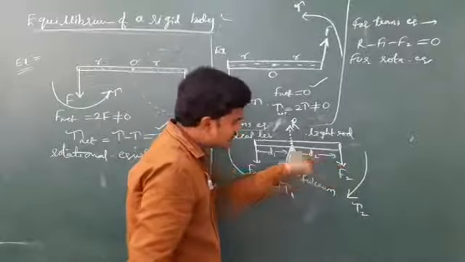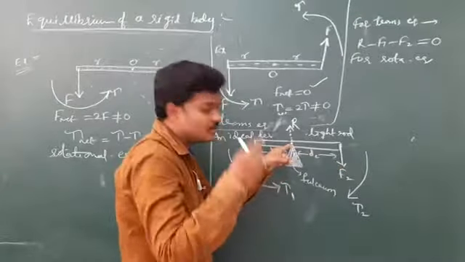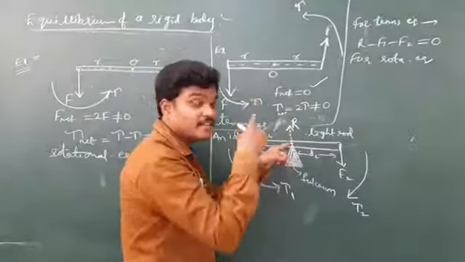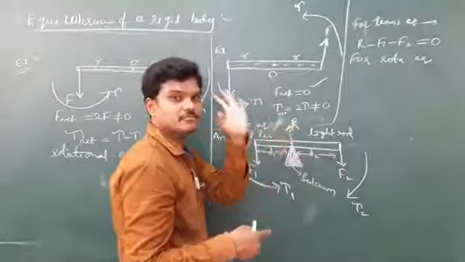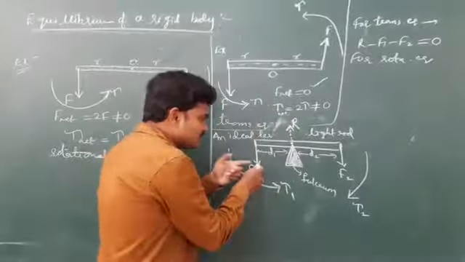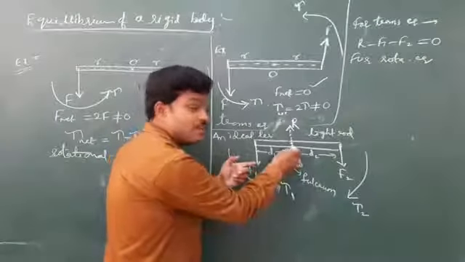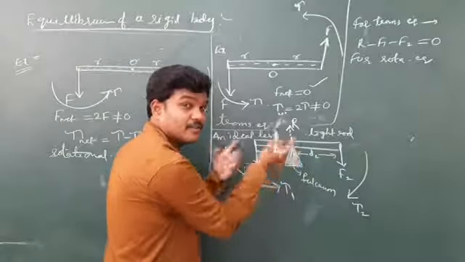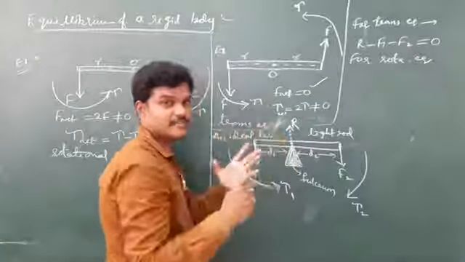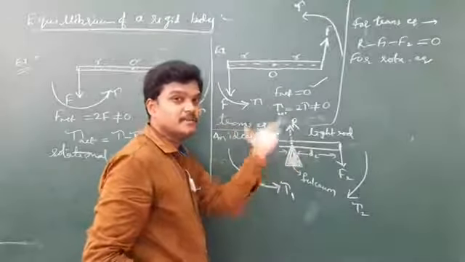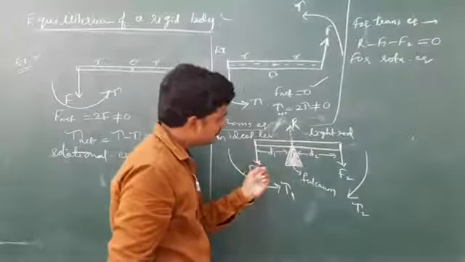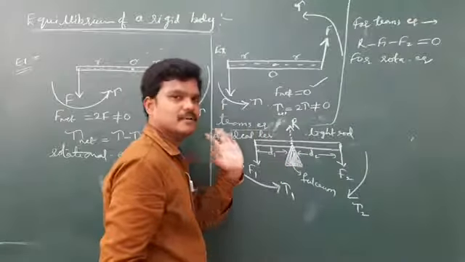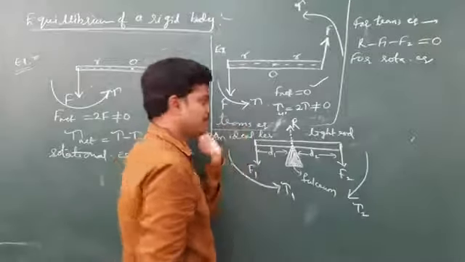For this arrow tip, the fulcrum is on the left side, and left means anti-clockwise. Anti-clockwise means plus, so torque is positive.